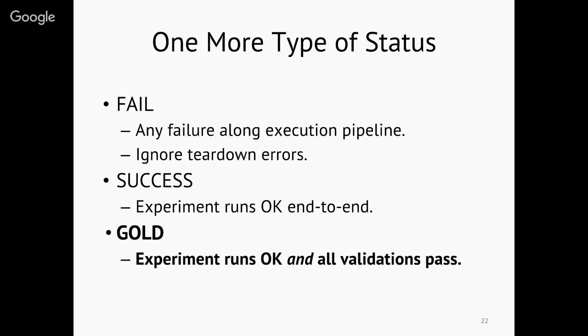Because before, we had basically a pass or no pass type of status where we failed or we succeeded. But if you also pass all the validations that are executed against the output of an experiment, then you also get a gold status.